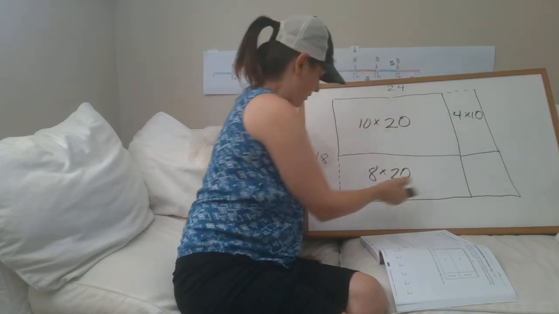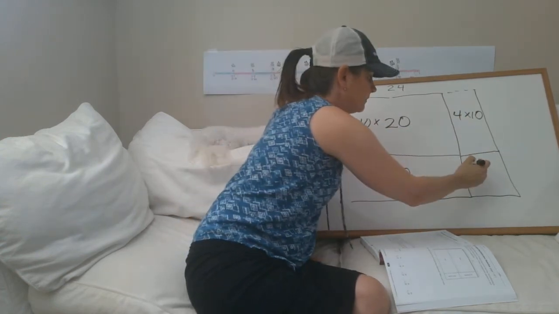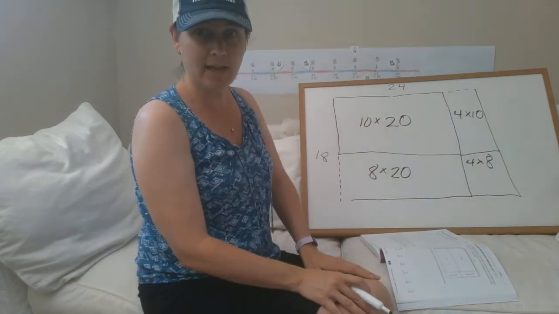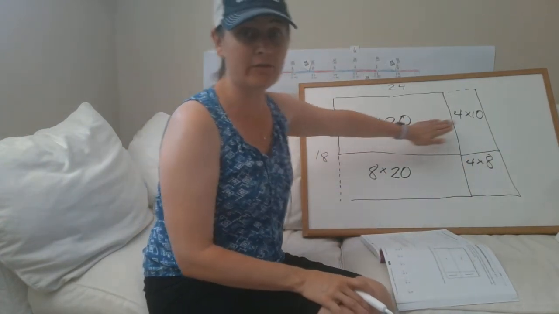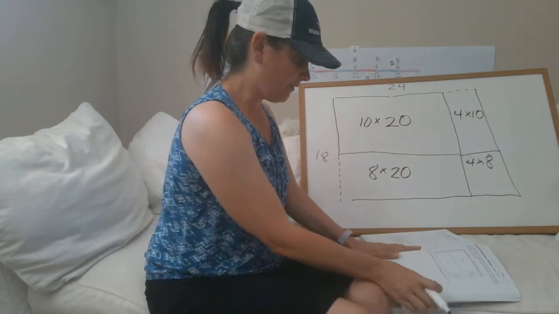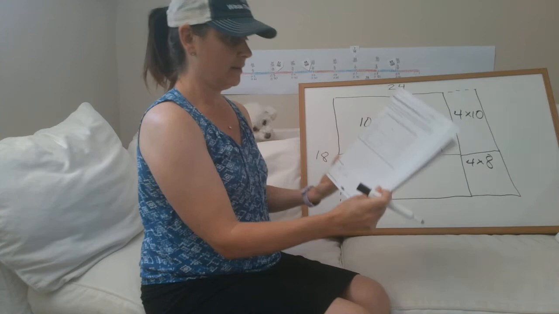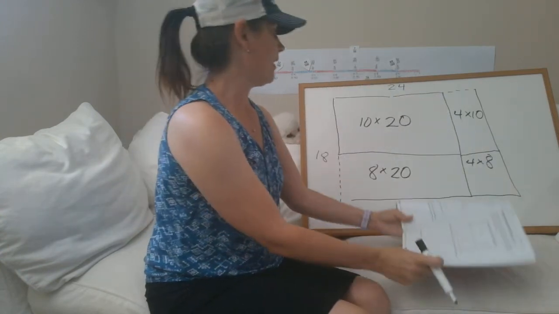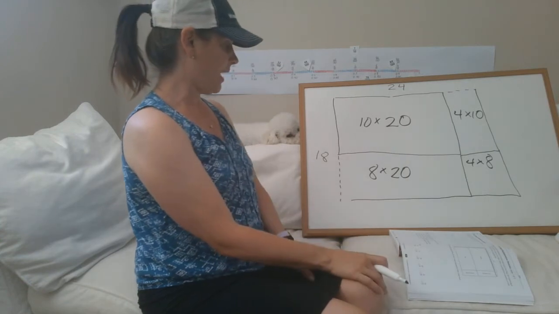And this one down here, we have 4 times 8. Okay, so then you're going to solve for each of these. You add them all together, and you will have the total area of Mr. Green's classroom. So, pause it, do that work.